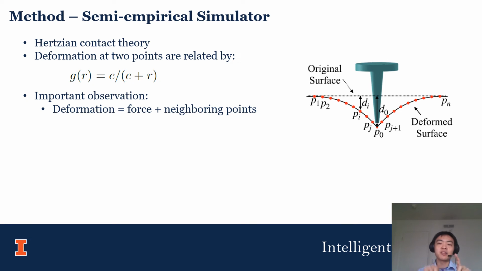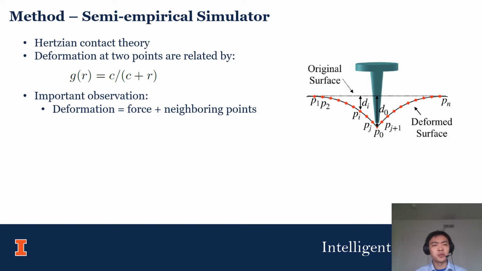And these relative displacements between points can be described by a function, basically 1 over r, where r is how far these points are apart on the original surface. The shape of this deformation is controlled by the constant c here.